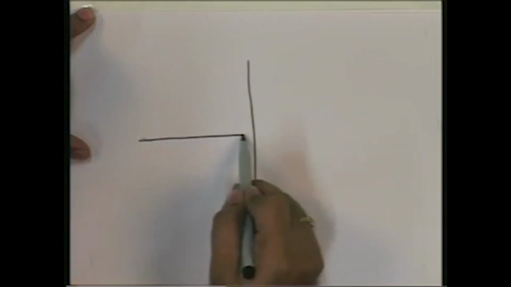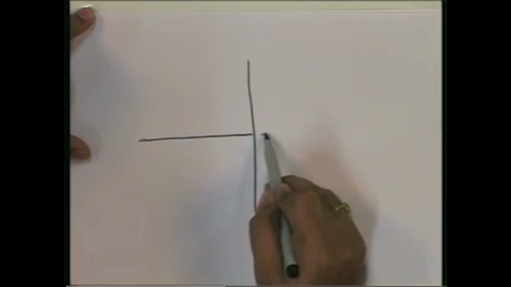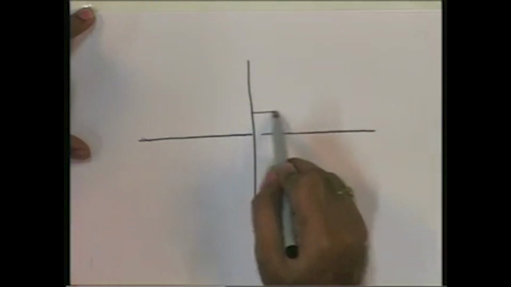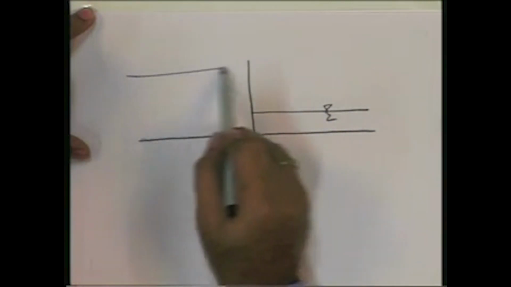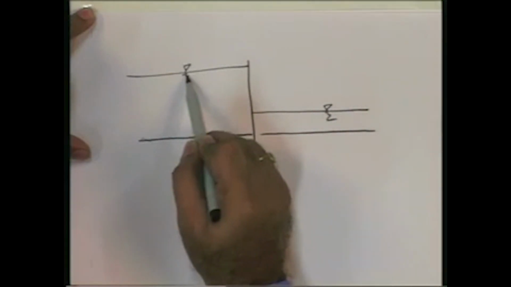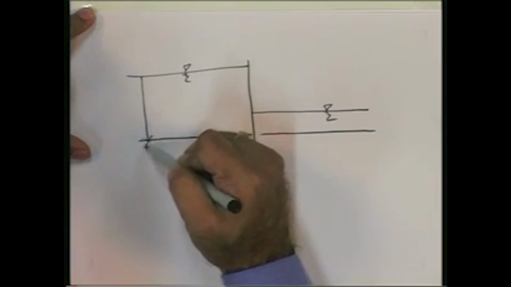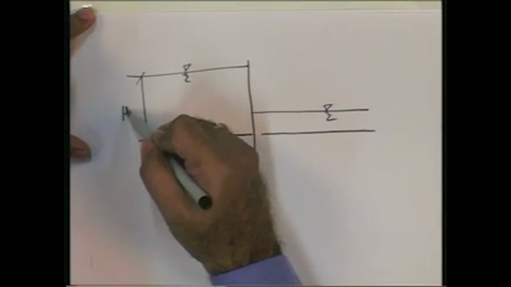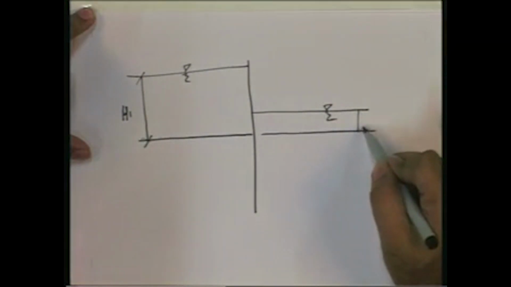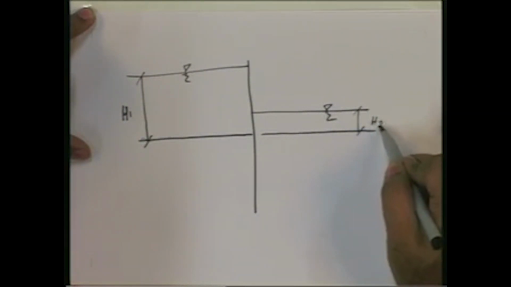cross section of a sheet pile wall. Let us assume that this is H1, H2.